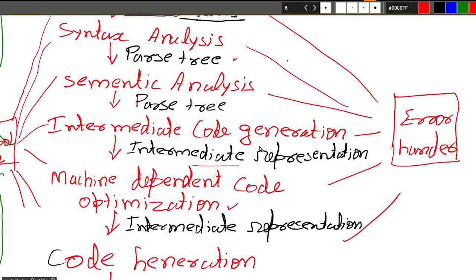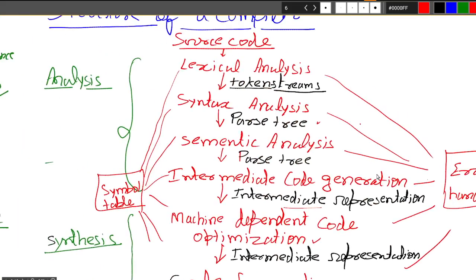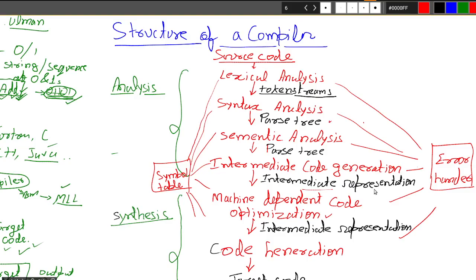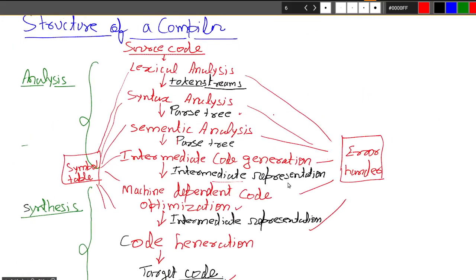So this was the whole process of compilation. Let me also say that this can be considered as a structure of compiler, where for the source code you started with lexical analysis, where you form the tokens.